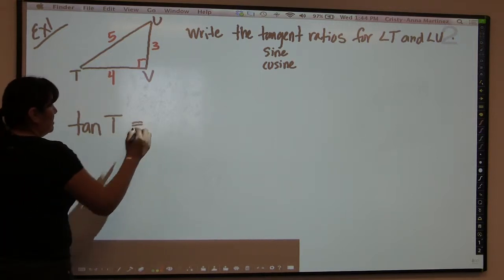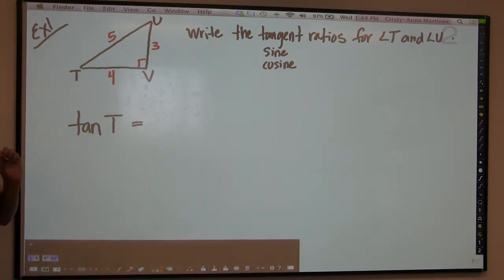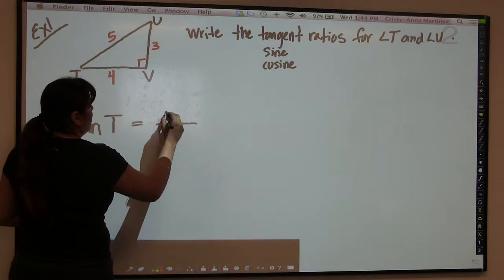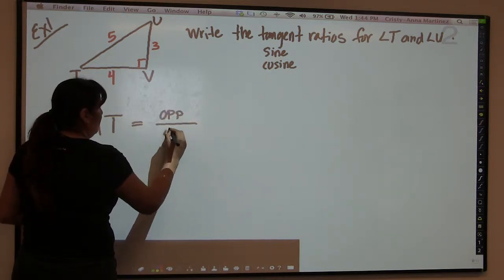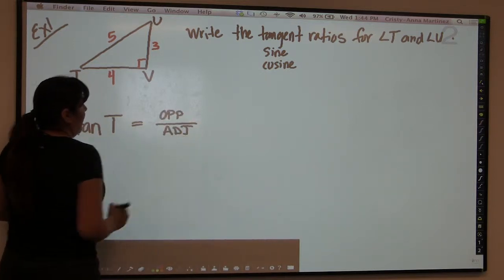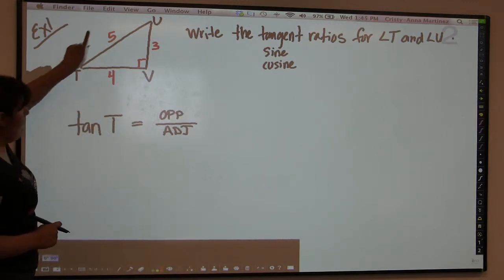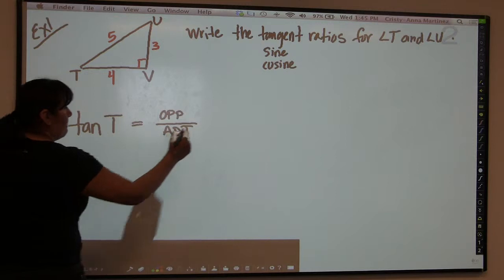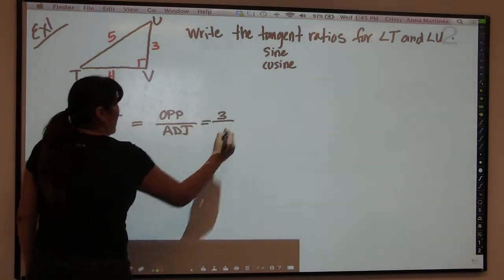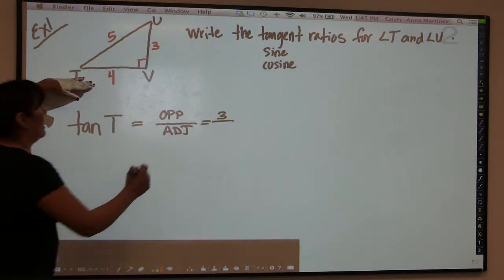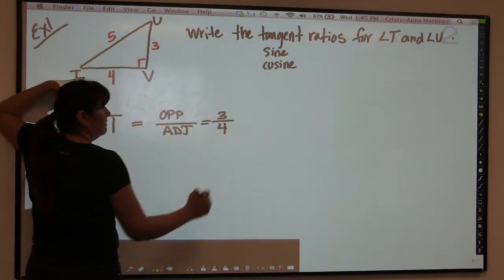And so since tangent is the toa, it's the Sohcahtoa part, the toa is opposite over adjacent. A ratio is a fraction. So we want opposite over the adjacent side. And if we use our focus as T, the opposite side would be way over there. It would be 3. And the adjacent side would be 4. Okay, not 5 because 5 is the hypotenuse.